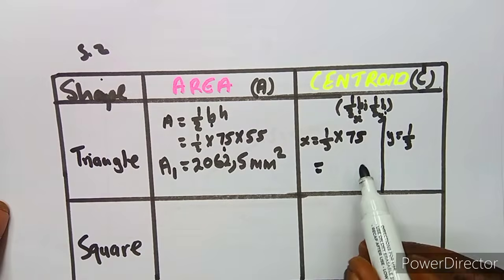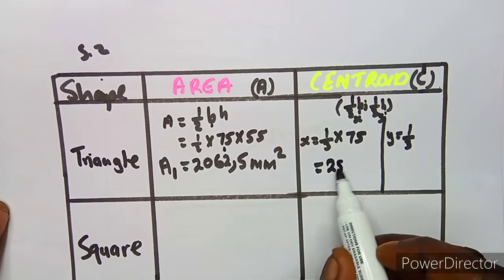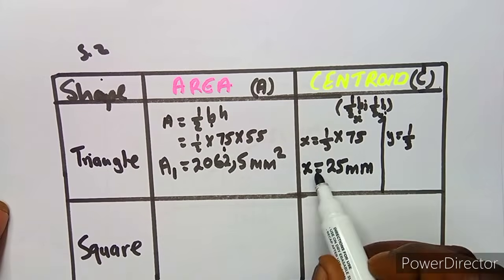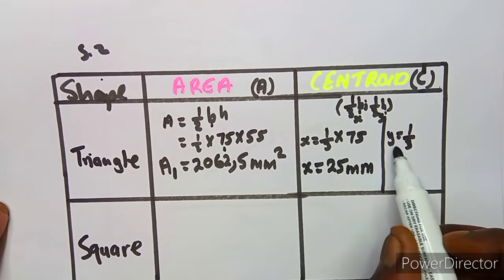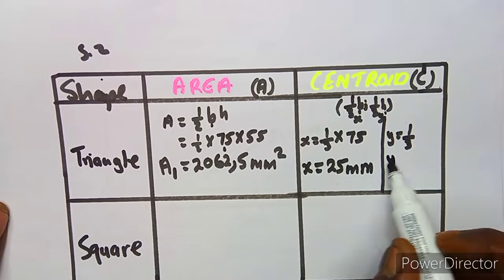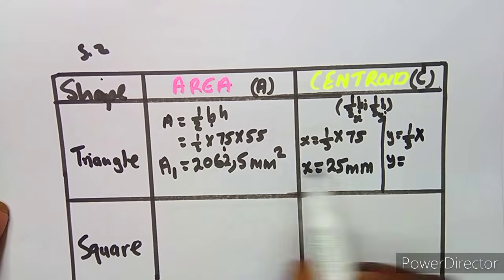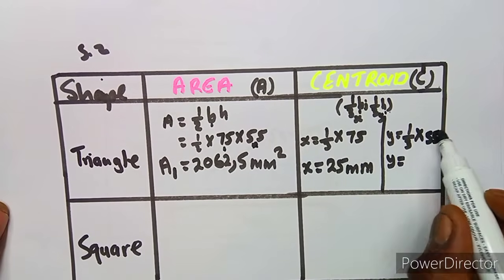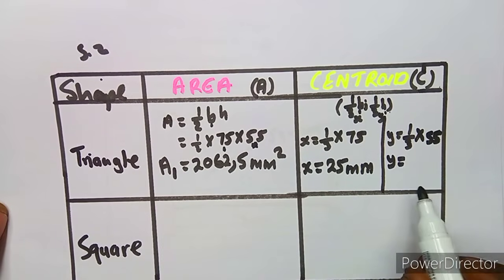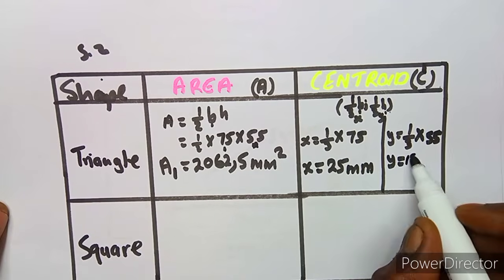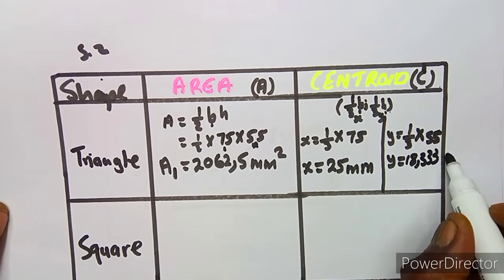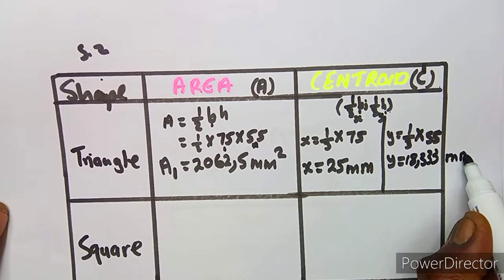So a third of 75 gives us 25 millimeters, and that's our x here. Then our y is going to be a third times the height, which is 55. So a third of 55 gives us a decimal, 18.3333, so on, which is going to be 18.33 millimeters.